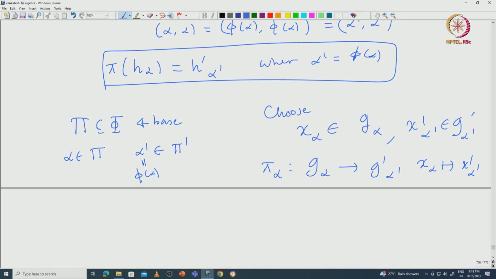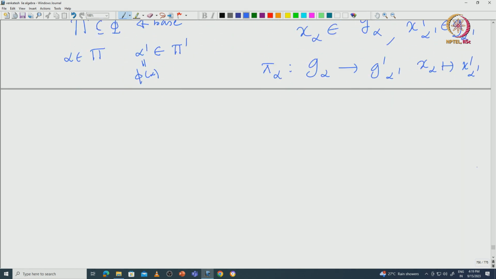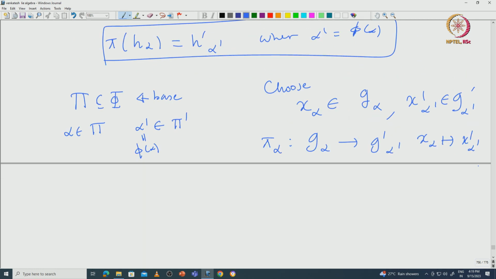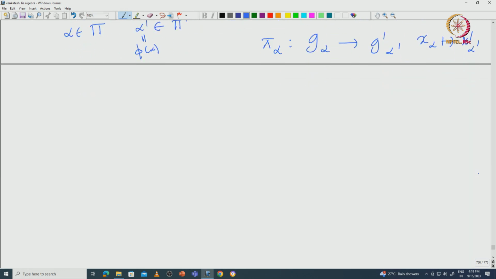Now we have actually chosen a bunch of maps. So, pi naturally induces a map from H to H dash, and we have defined this pi alpha for each alpha in capital pi. Okay. So, what one can prove? Given this data, pi from H to H dash and this pi alpha from g alpha to g dash alpha dash for all alpha in capital pi, these maps can be extended to g as an isomorphism from g to g dash.